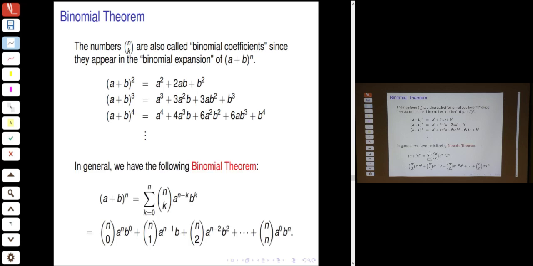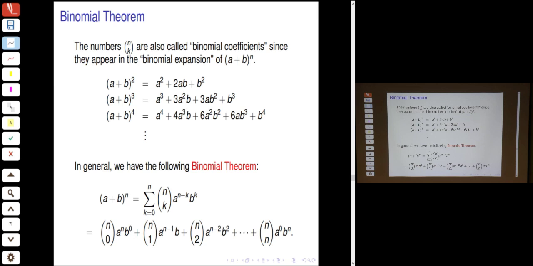Okay. So in general, you can express the power a plus b to the power of n in this funny sum, right? It's a sum of lots of terms, but the point here is the coefficients of the terms are actually those n choose k. That's why it's called binomial coefficients, right? So if you expand a plus b to the power of n, you get a sum where you start from the highest power of a, and then drop the power of a by 1, increase b by 1.